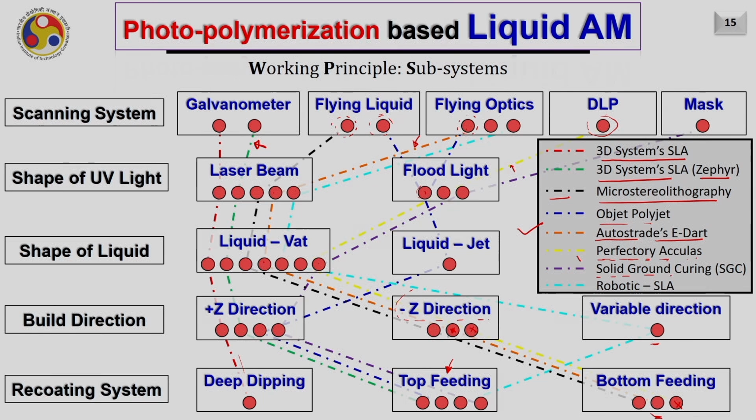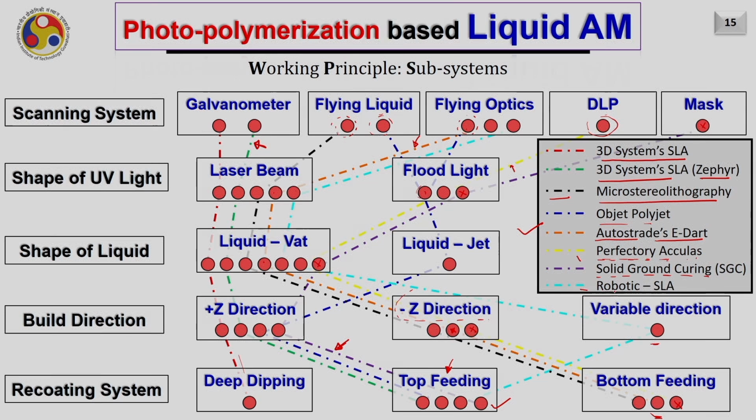Next is solid ground curing. It uses a mask for the scanning system, then uses floodlight and utilizes a liquid vat, builds the part in the plus Z direction and provides top feeding. It can be tracked by this line.